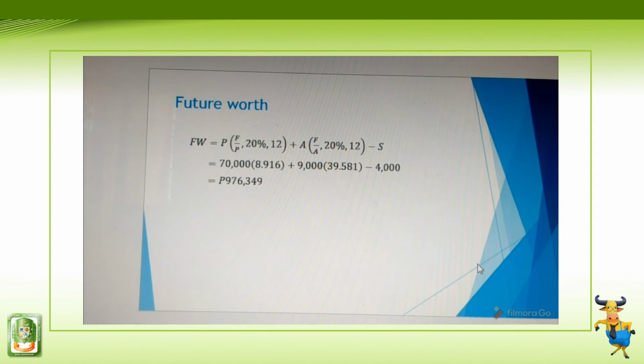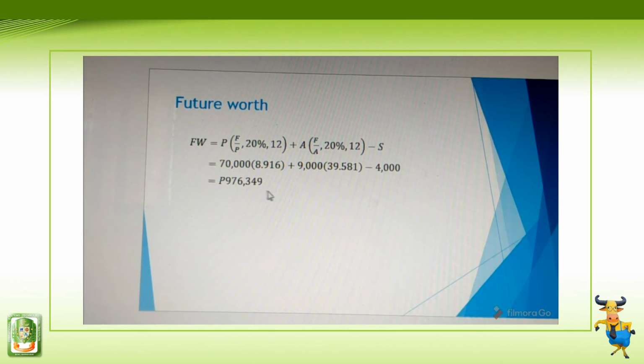To compute, we have FW equals P multiplied by the factor F over P, 20% and 12, plus the annuity multiplied by F given A, 20% and 12, minus the salvage value.